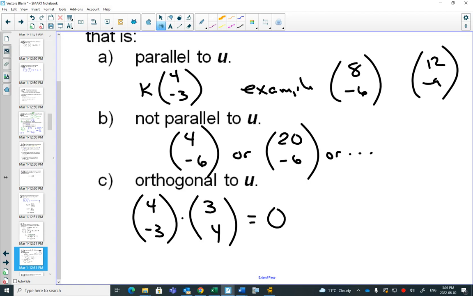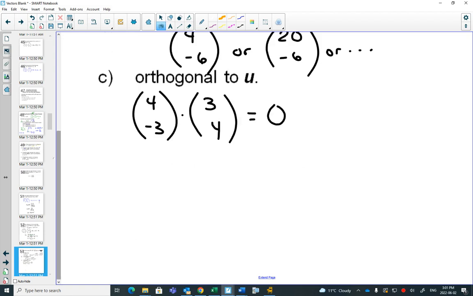Now, the slope of 4, -3, if you think slope is rise over run, the rise is the y, the run is the x. How do we tell if slopes are perpendicular? They're the flips and negatives of each other.